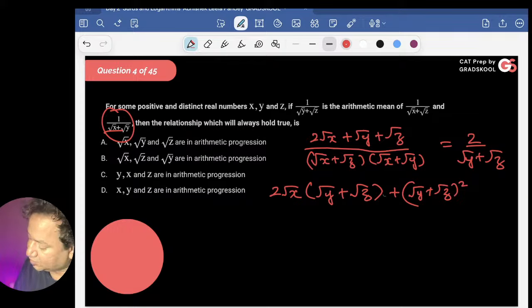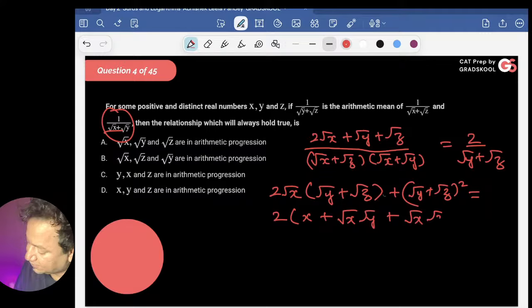ये ध्यान रखना कि जो मैं लिख रहा हूँ क्या लिख रहा हूँ, और यहाँ पे क्रॉस मल्टीप्लिकेशन। If I open this bracket, root x into root x is x only, plus root x root y plus root x root z plus root y root z.